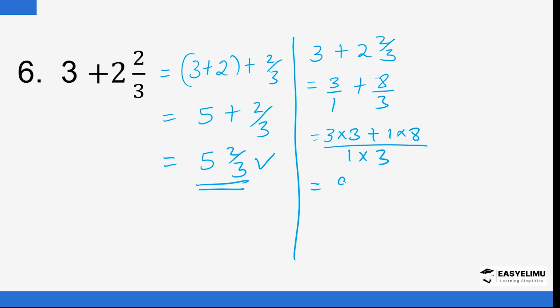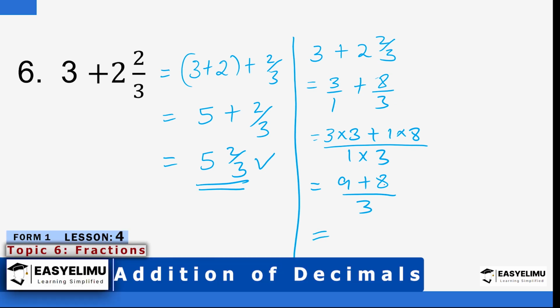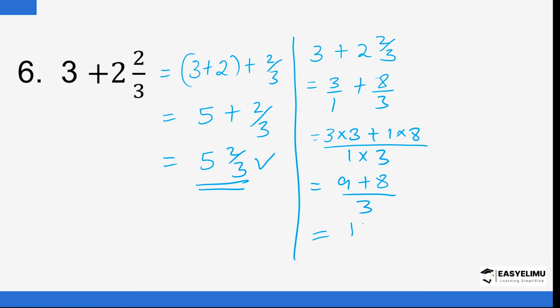So that is going to be 9 plus 8 over 3. 1 times 3 here is 3, 3 by 3 is 9, and 1 by 8 is 8. So this is giving us 17 over 3, which finally reduces into 5 and 2 over 3, just the same thing that you have gotten up there. So this is basically how you go about it.